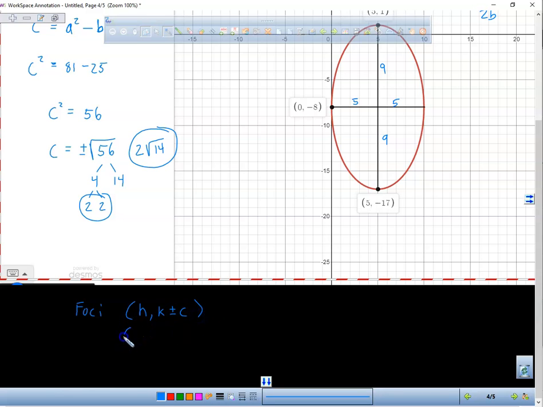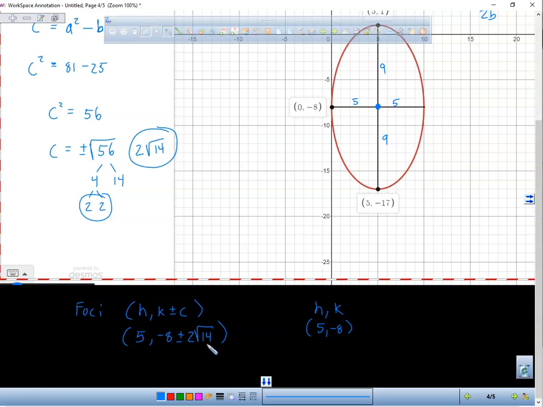So what's my h value? That's this point right here. And what was the center of our ellipse? What did we say the center was for our ellipse? 5, -8. Very good. So our foci is 5, comma, -8 plus or minus 2 radical 14. That's where our foci are.